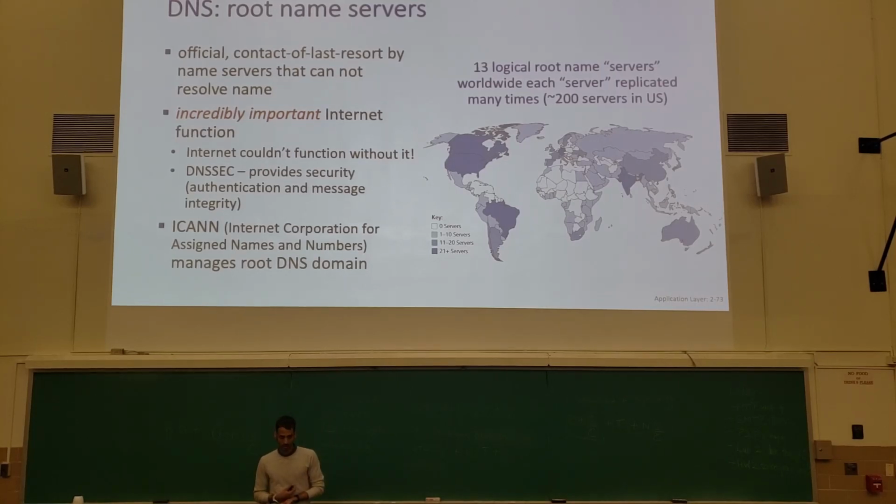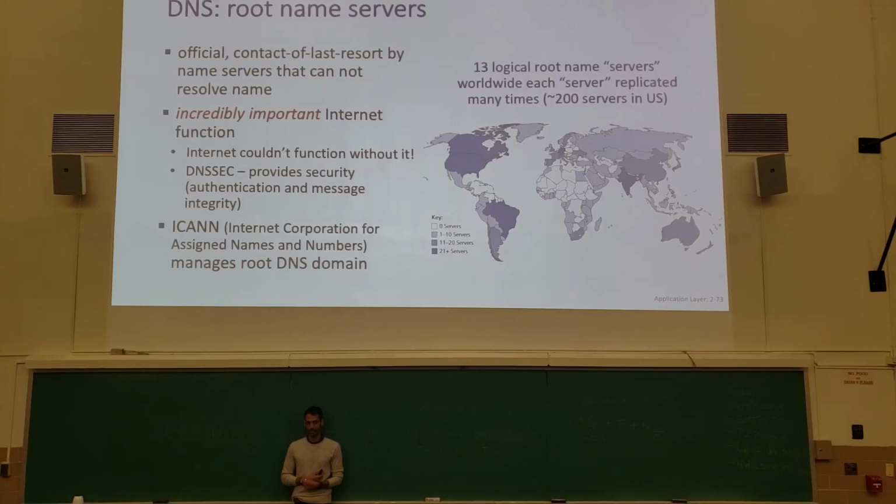ICANN is an important organization. That's the Internet Corporation for Assigned Names and Numbers, right? So let's say you wanted the name whitehouse.gov, G-O-V. You cannot get that name because whitehouse.gov is owned by somebody else, right? That's considered by much of the world as the rightful owner of that name. Sometimes disputes can arise.